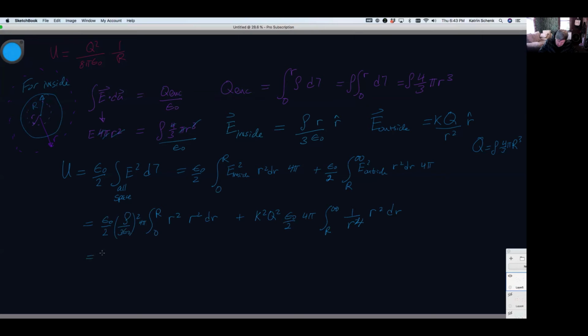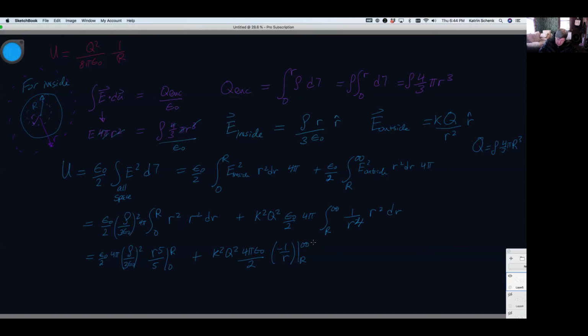So we have epsilon naught over 2 times 4 pi times rho over 3 epsilon naught squared, and then we have r to the 5th over 5 from 0 to R. And then plus k squared q squared 4 pi epsilon naught over 2, and then we have minus 1 over r from R to infinity.